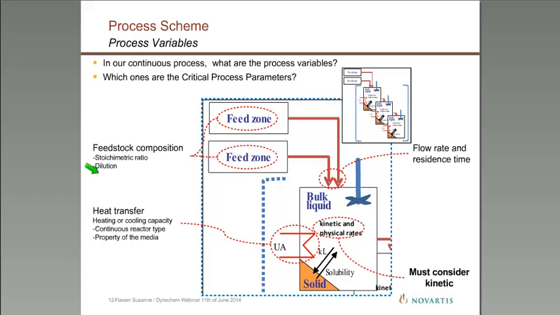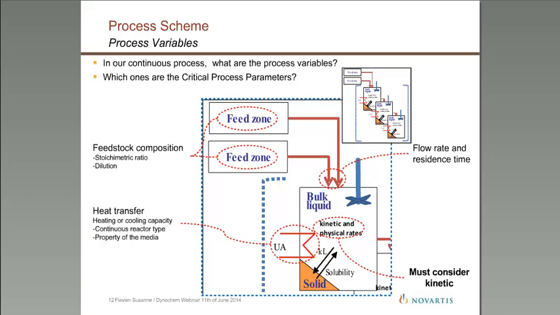So if we zoom in on one of these boxes, we will end up having this view. Which are our process variables and which ones could become critical? If we have a closer look here, you can see we have preparation of feedstock. That means we can have different input of material, different supplier, different batch number or different lot.